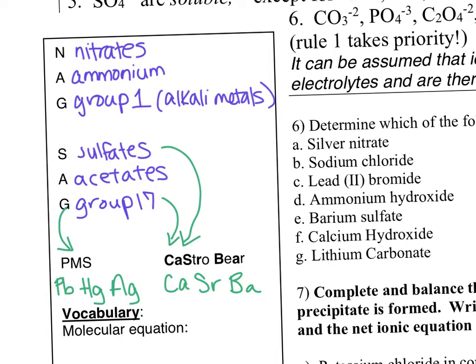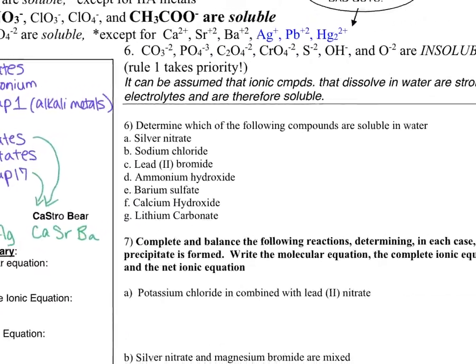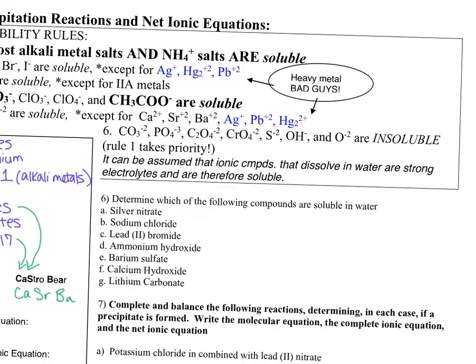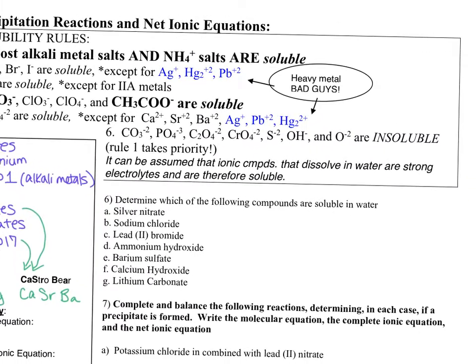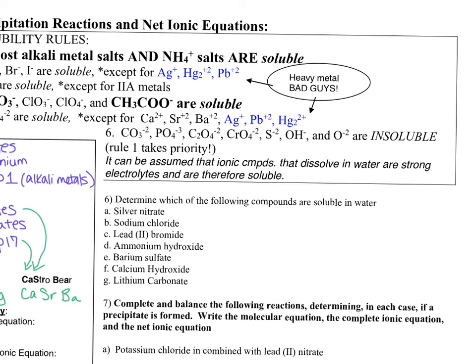Honestly, if you're comfortable with NAGSAG, you're going to be in a good spot, because they tell you the ones that tend to be soluble. But for this table, I also want you to become familiar with your hydroxide and carbonate rules. You should get to know all of them, and you will the more you use them, but for sure those two. Sulfides also start showing up.